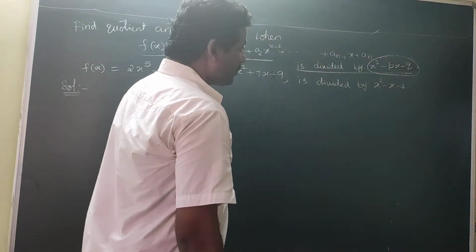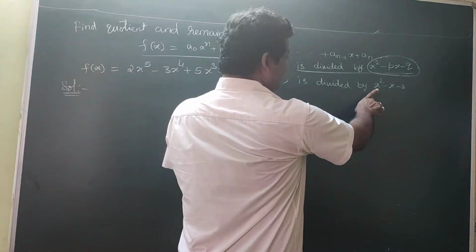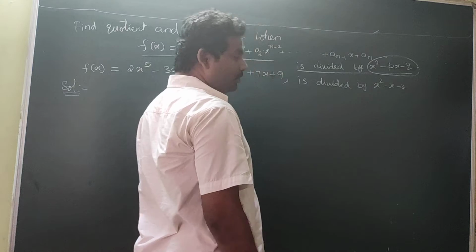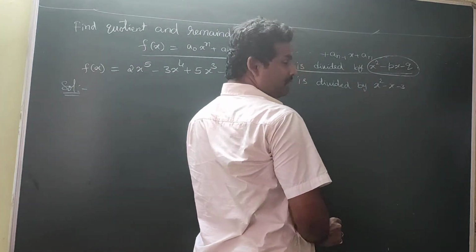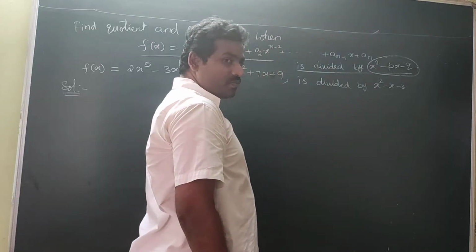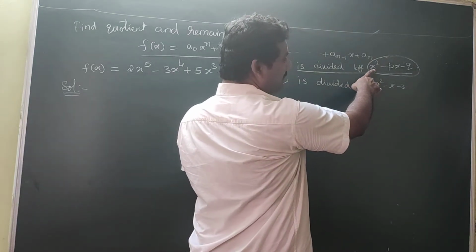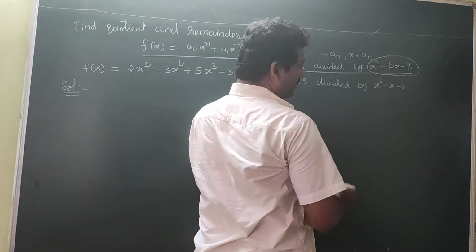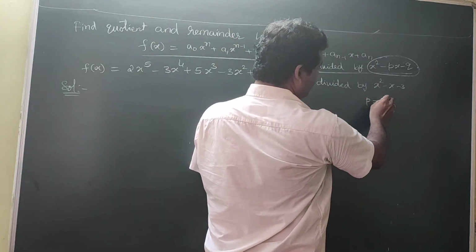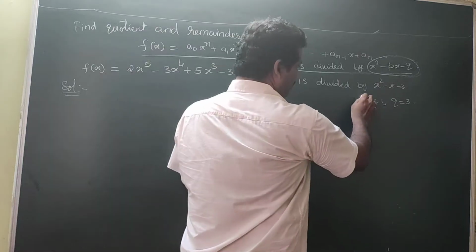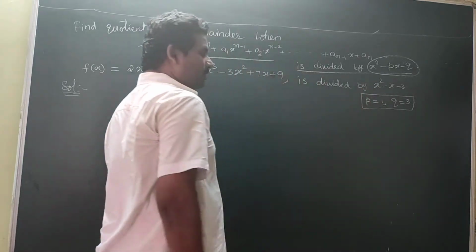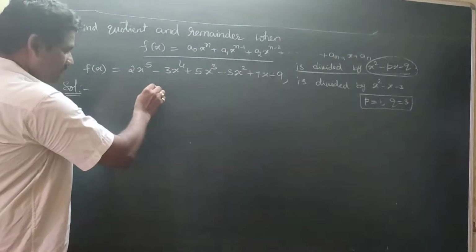Whenever we are dividing with x square minus x minus 3, you compare this with x square minus px minus q. So this is the standard notation. So p equal to 1 and q equal to 3. Right. The same process.